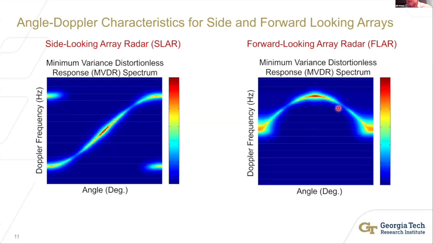So forward-looking arrays have left-right ambiguity, and so clutter comes in at these symmetric angles in the same Doppler. But you could imagine a good solution would be to build a filter that dynamically adjusts its response and drives a null along these points here or these points here to reduce the impact of clutter on radar target detection.